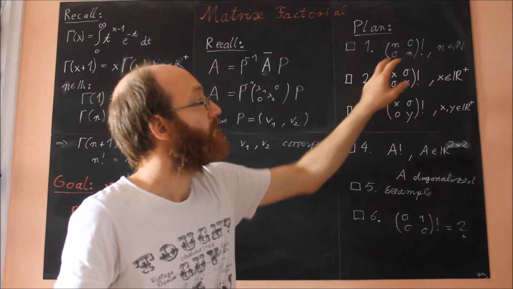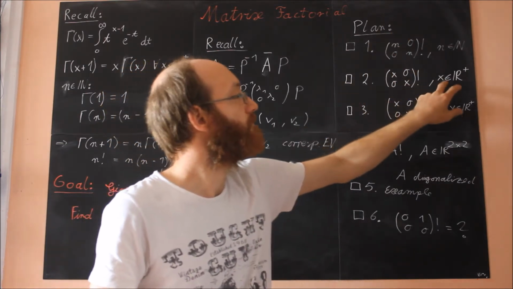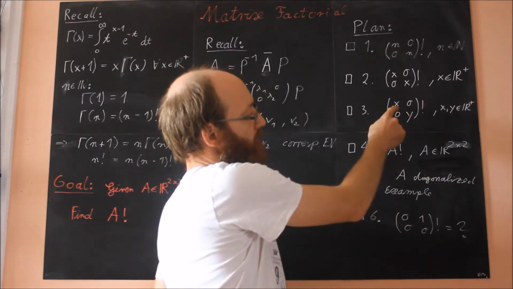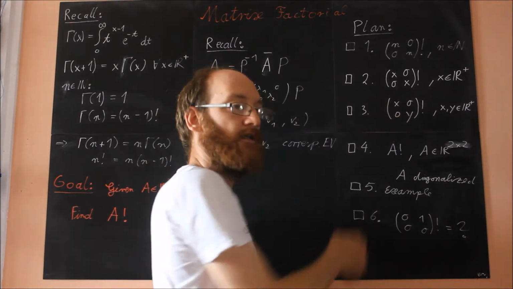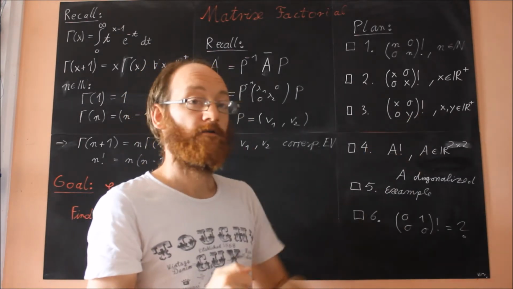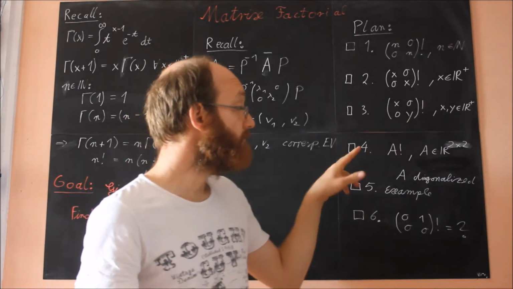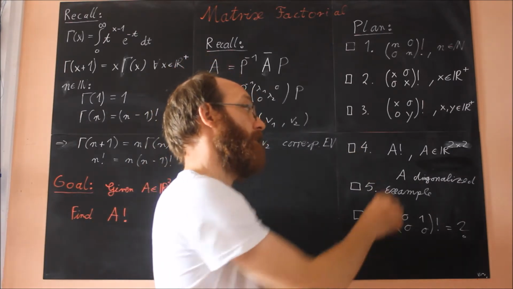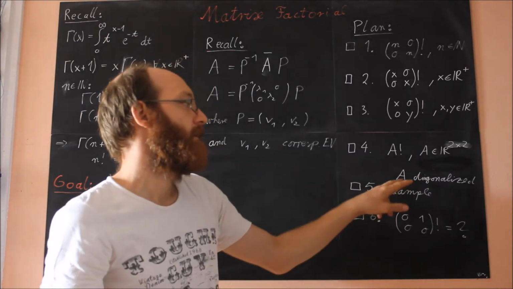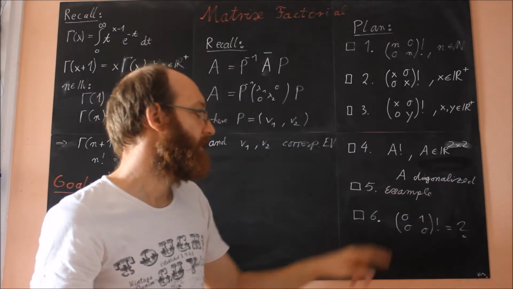Then we extend the diagonal matrix to the reals. The third step is, if the two diagonal elements are different, how we can take care of that. The fourth step is an arbitrary 2 by 2 matrix with real entries, where A is diagonalizable.